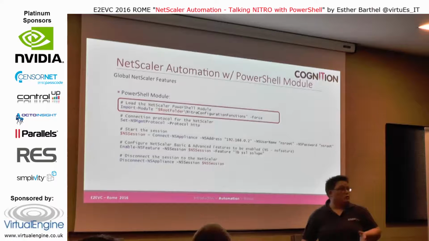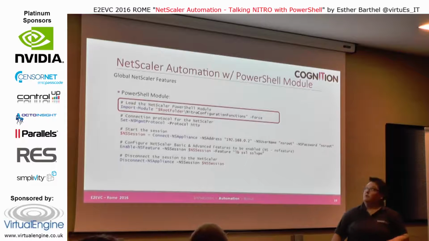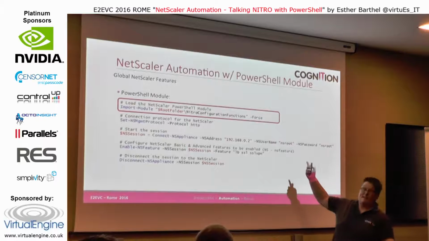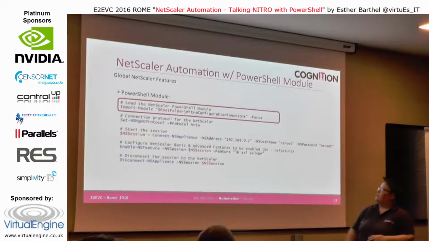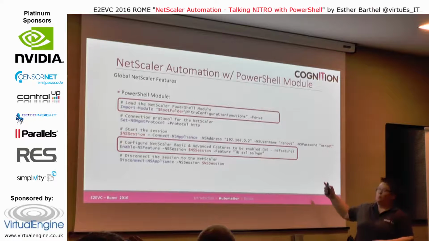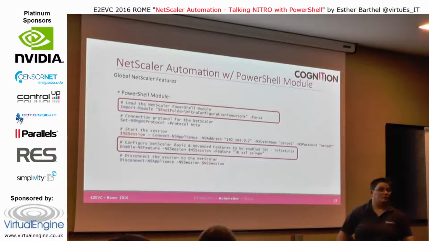Especially if we use the PowerShell module, because if I first import the module, it has a very simple function called Enable-NSFeature that allows me to simply specify which features I want to have enabled.